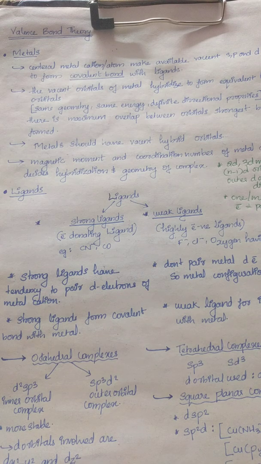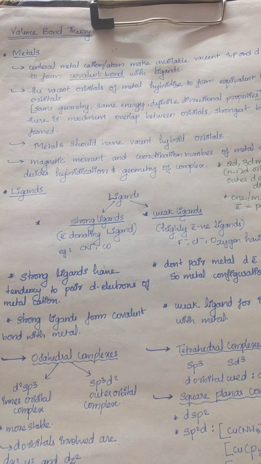The central metal atom or the central metal cation should have a number of vacant orbitals produced from s, p and d orbitals, and how many vacant orbitals are available will contribute towards the coordination number to form covalent bonds. So basically in VBT, the metal ligand bonding is a covalent bond.